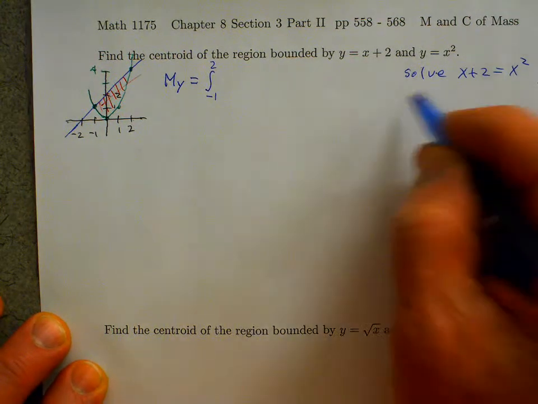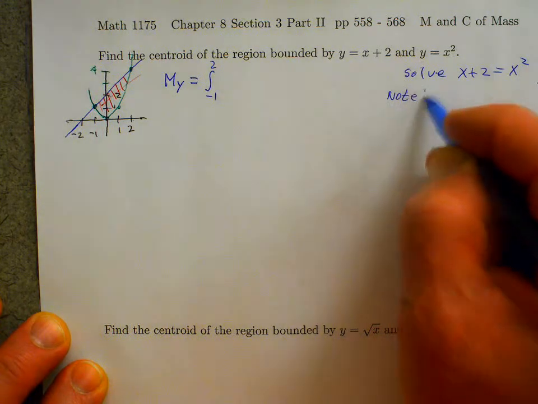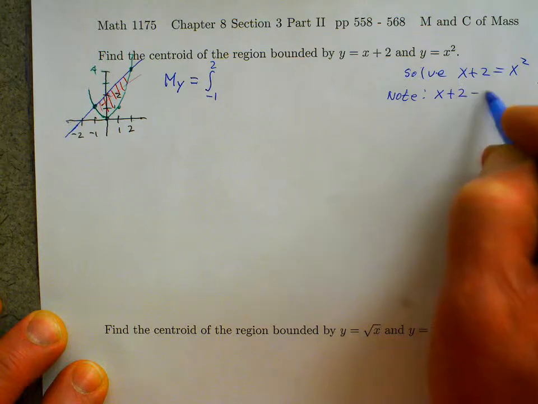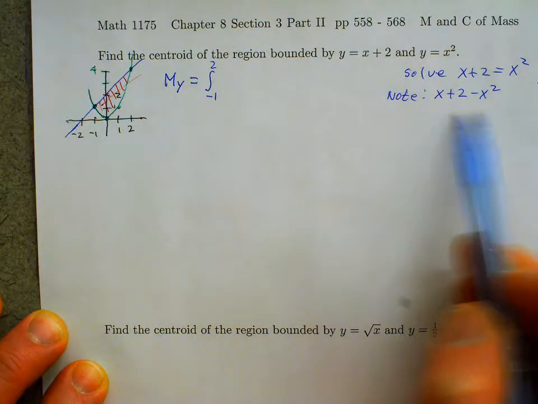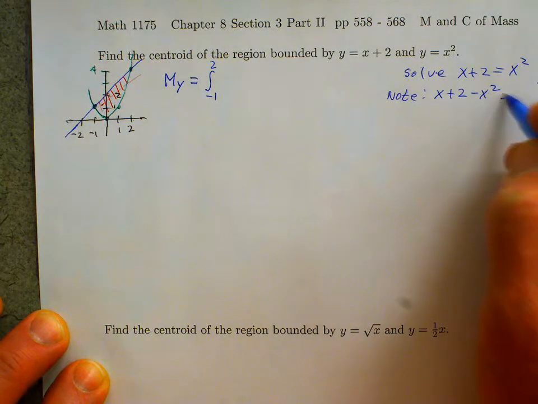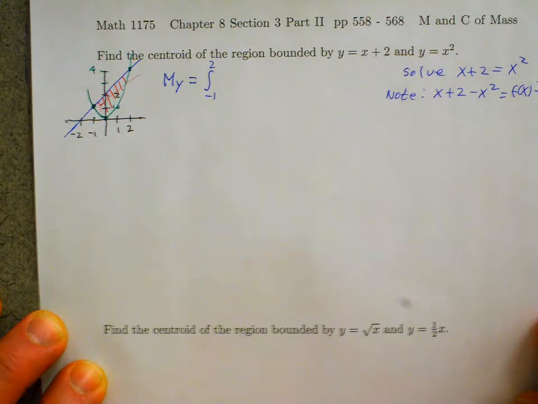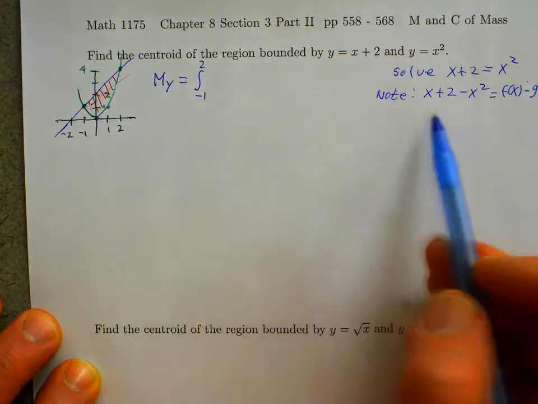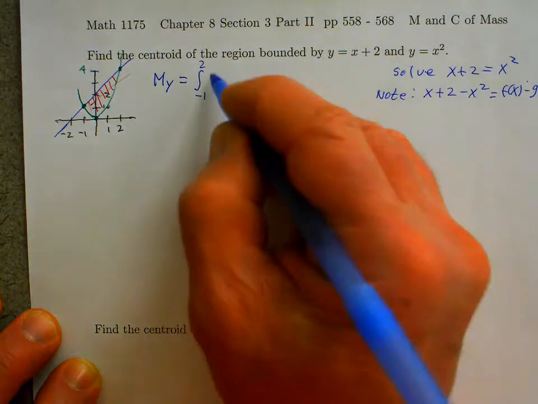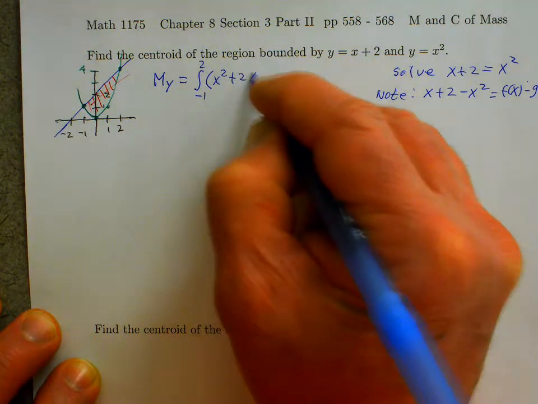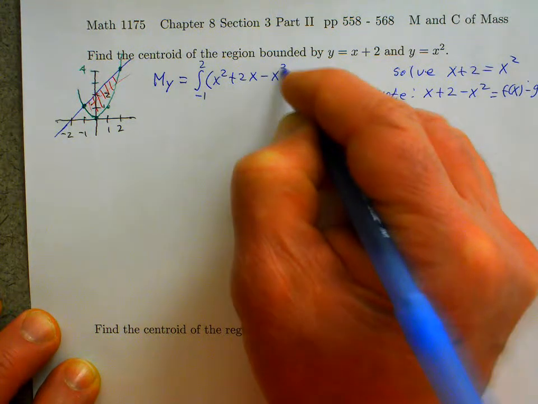Our integrand is x plus 2 minus x squared; this is our f of x minus g of x. We multiply this by x, so our integrand becomes x squared plus 2x minus x to the third.